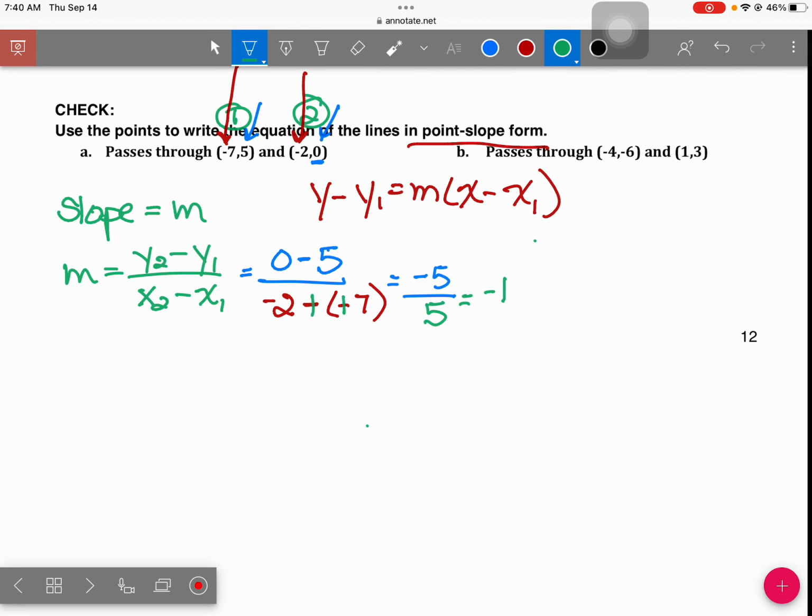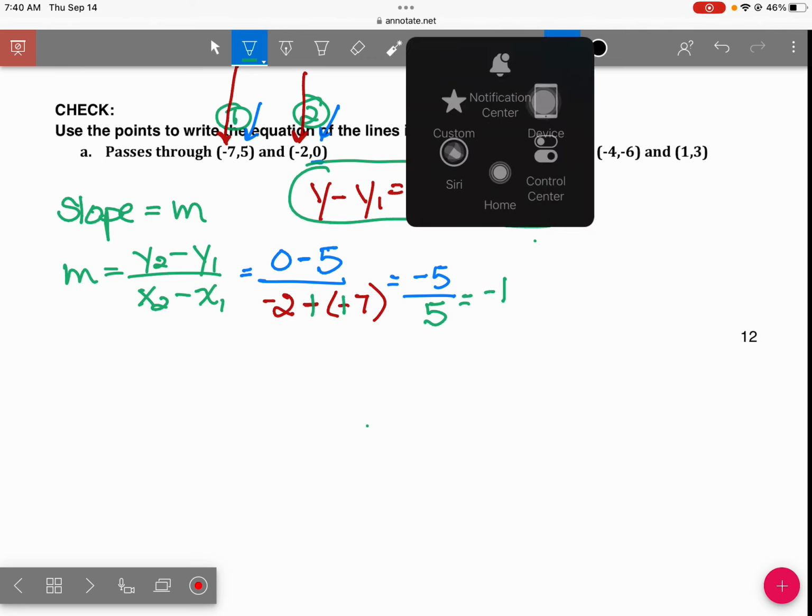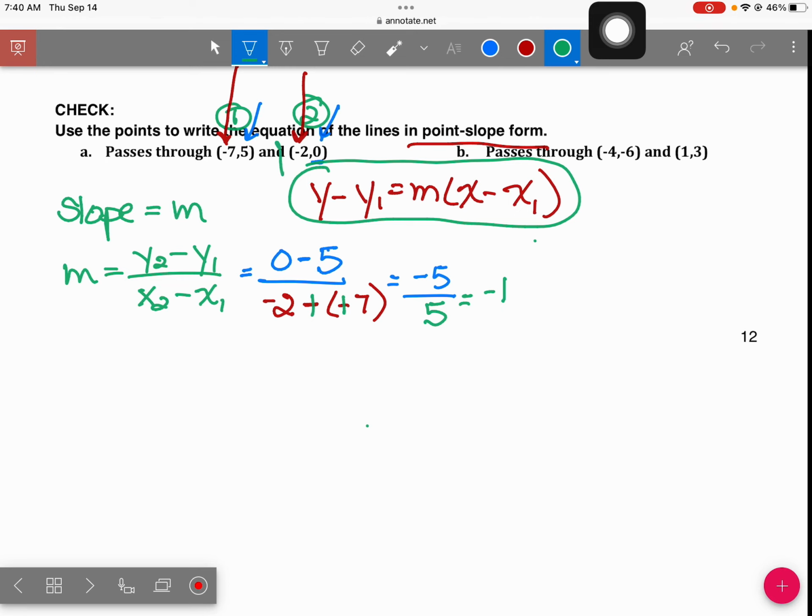All right, so now I'm going to go back to point slope form. I'm going to pick a point, this point right here. So I say y, because the first y stays the same, minus y sub 1.